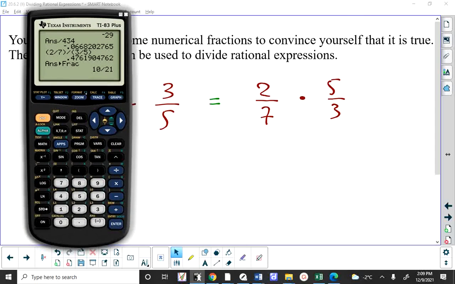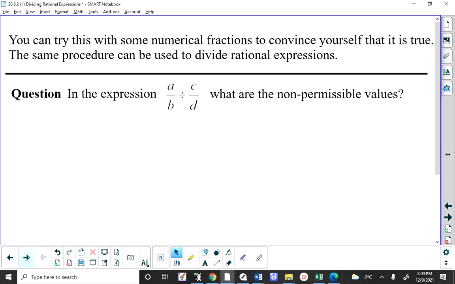Well, let's try that. Let's take in brackets 2 divided by 7, and instead of dividing by 3/5, we're multiplying by 5 over 3. Holy smokes, look at that. We get the same number. This is something that you should be very familiar with. Instead of dividing by a fraction, you multiply by the reciprocal. That's the rule.